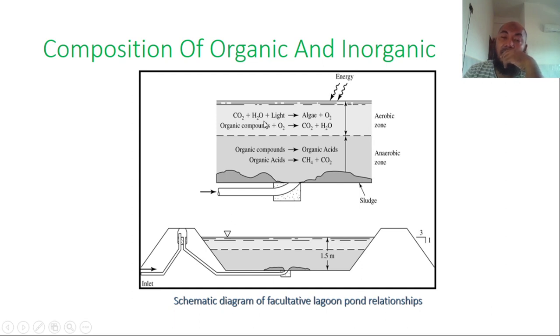So why can a pond be used to treat the wastewater? Because you can see here oxygen plus water plus light becomes algae. Okay, they become algae, and organic compound plus oxygen will become CO2 plus water.